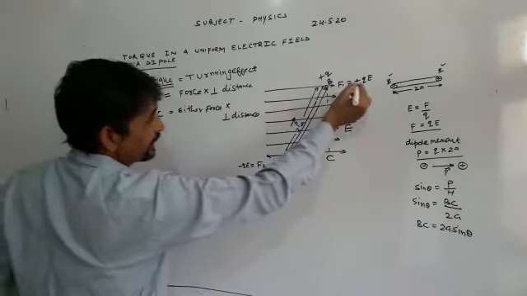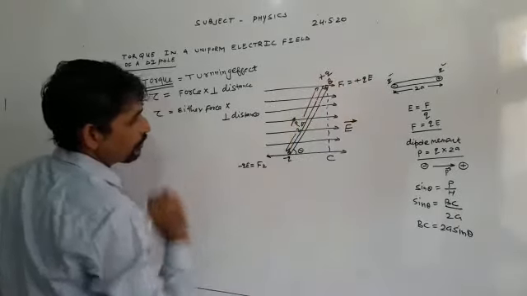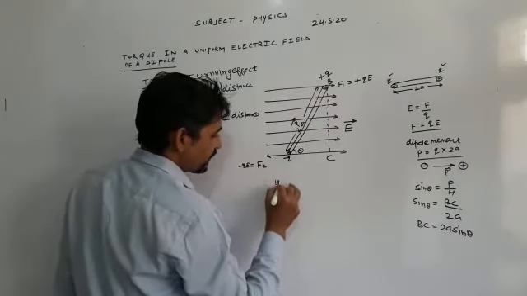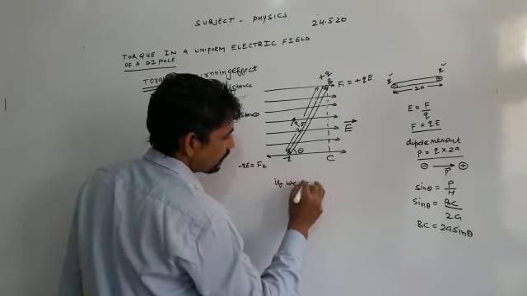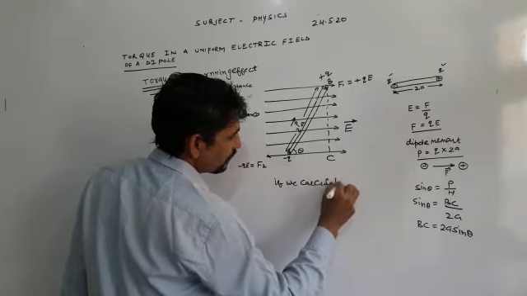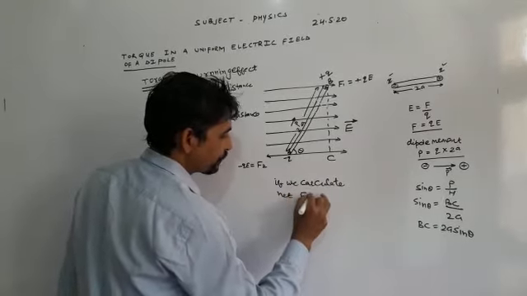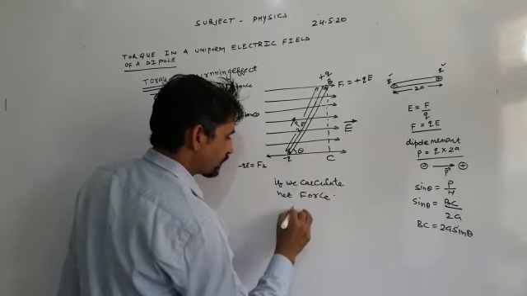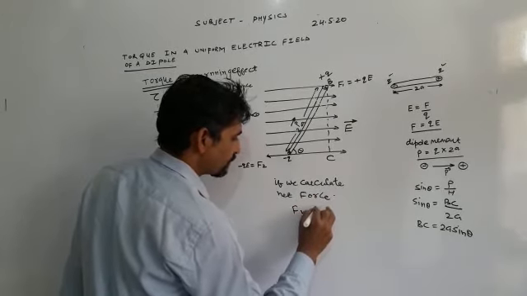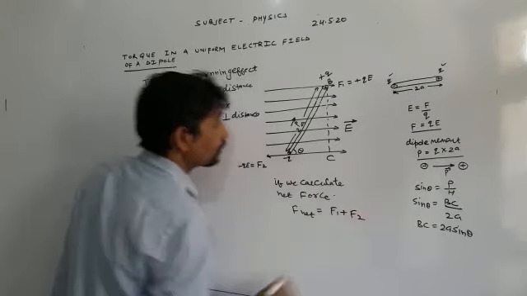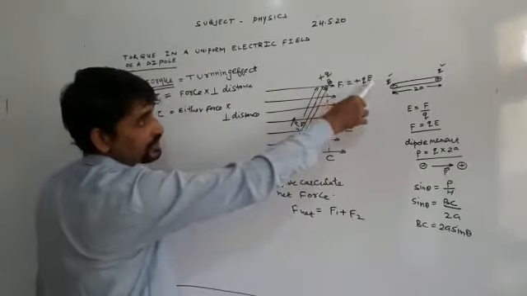So what is either force? Plus QE or minus QE. But if we calculate net force, then F net equals F1 plus F2. What is F1? Plus QE.